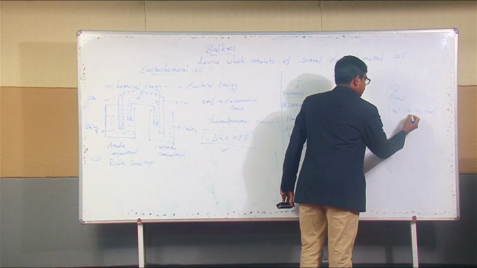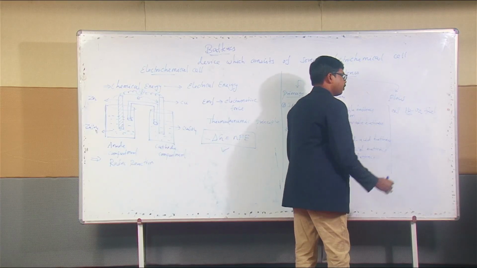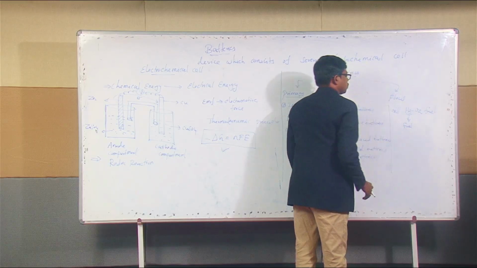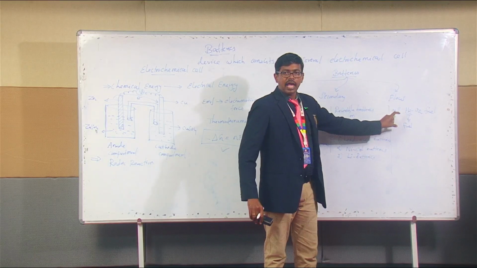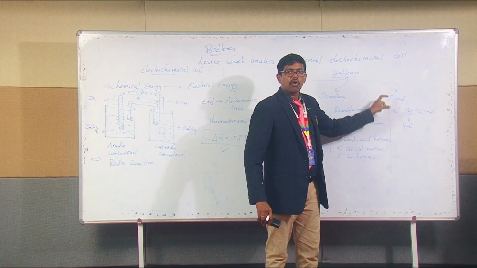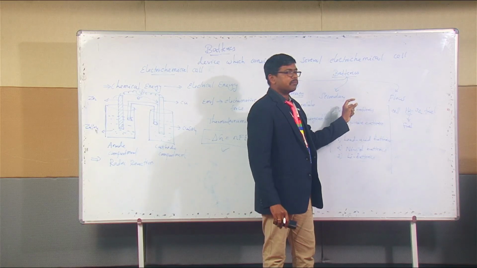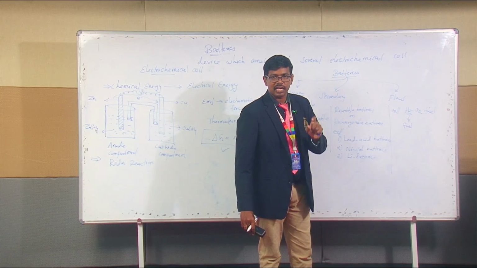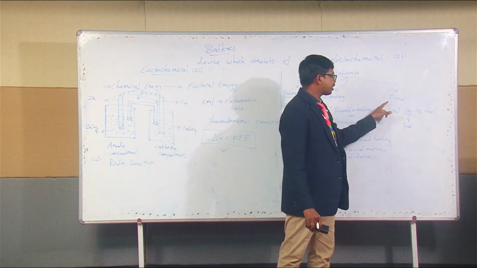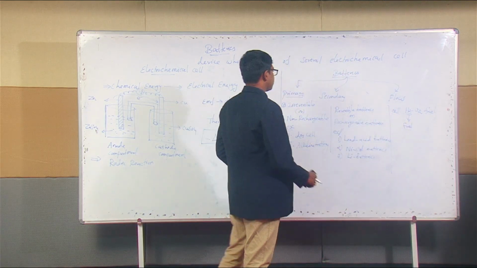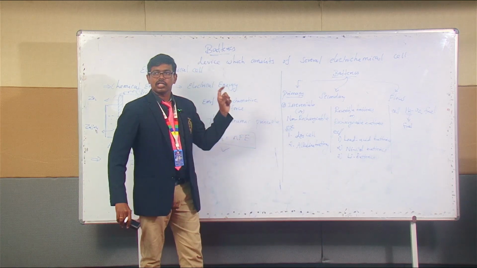For example, hydrogen acts as a fuel. It can be easily oxidized in the presence of oxygen, giving an oxidized product and producing electrical energy. So this is a very good example of a flow battery, the H2-O2 fuel cell. Then we will discuss all the batteries in detail.